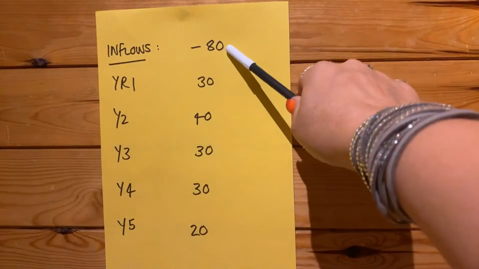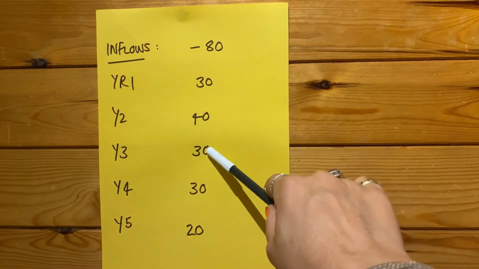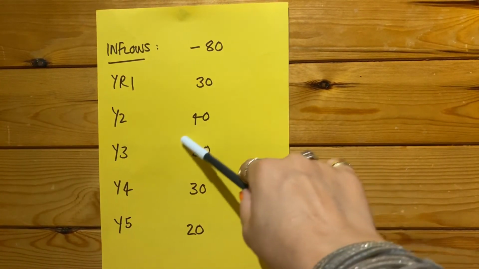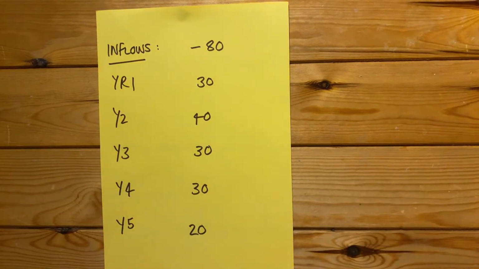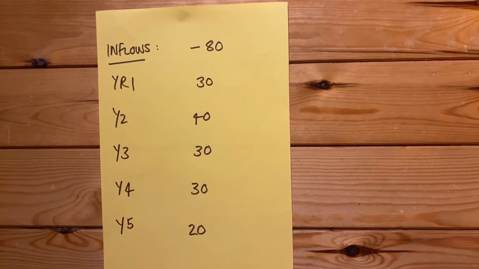So 80, so it's not paid back, that's 30, plus 40, that's 70, so we need 10 out of this. So what you could do is the amount remaining to recover, which is 10, divided by what we've got, which is 30, and then times that by 12.